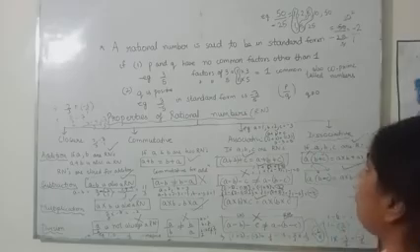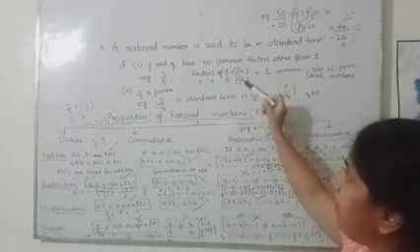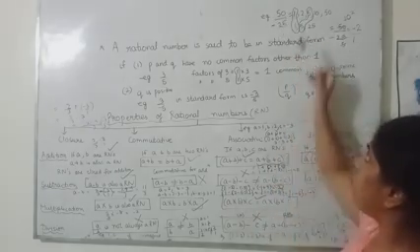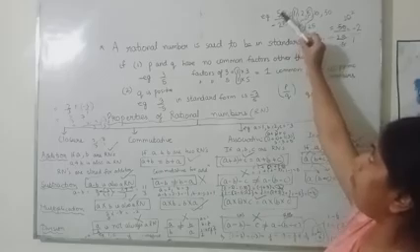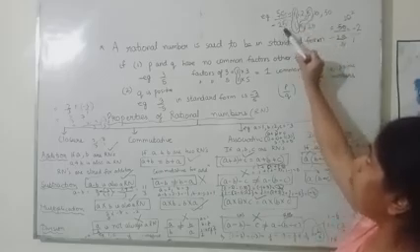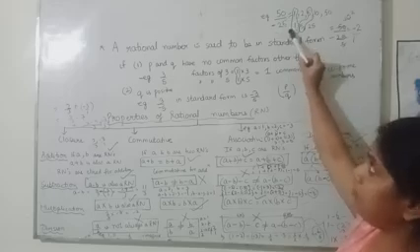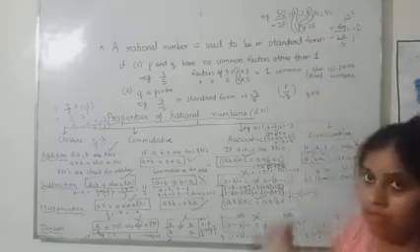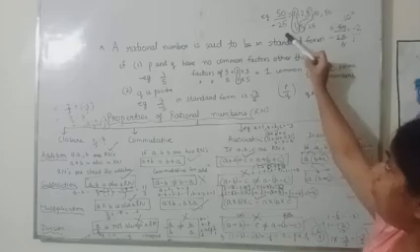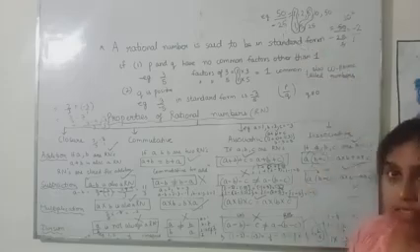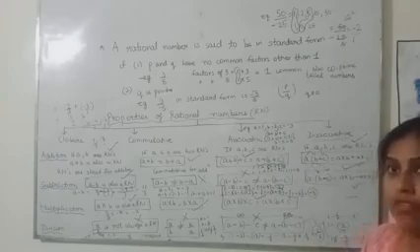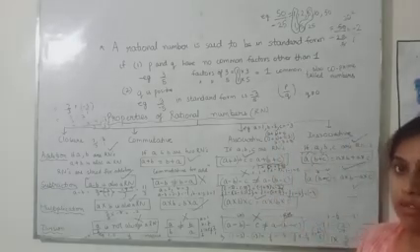Now let's take another example: 50 upon minus 25. So 50 is a positive integer and minus 25 is a negative integer. Both are integers and this is written in the p by q form. Now is it in the standard form? To understand whether the rational number is in the standard form or not, you just write the factors of both p and q.